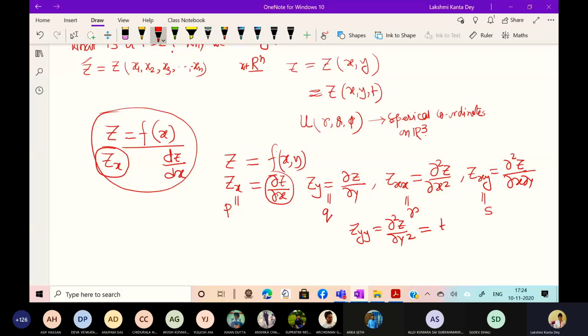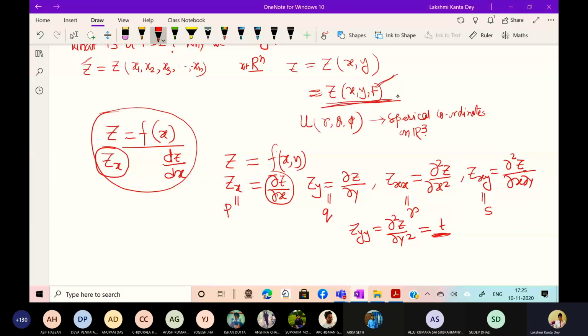Although in some cases t is an independent variable, time. When t represents time, we don't use this symbol because it would be confusing with zyy. We use p, q, r, s, t where the number of dependent variables is 1, z, and independent variables are 2.